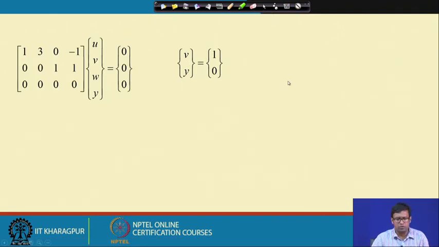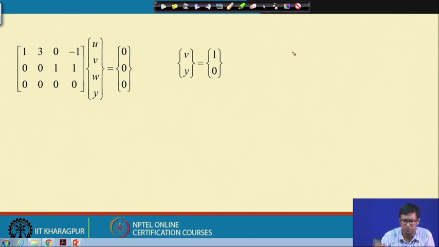So, we will put v is equal to 1 and y is equal to 0, and the equations will become: u plus 3 into v, plus 0 into w, plus minus 1 into y, where y is equal to 0 here.